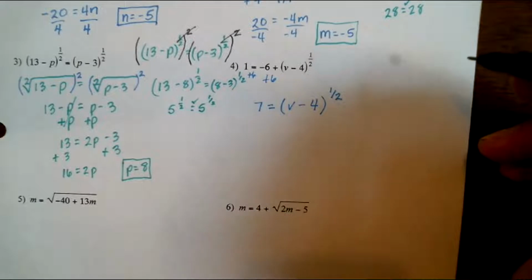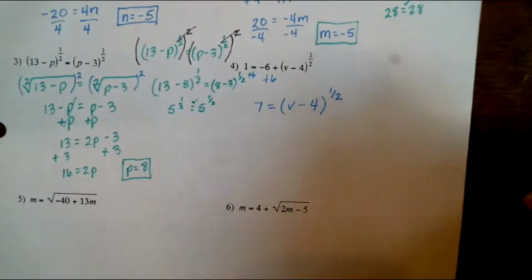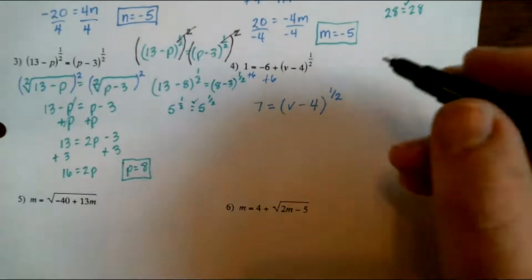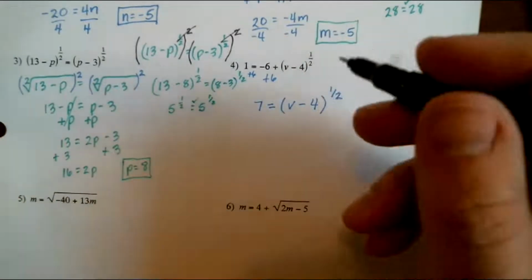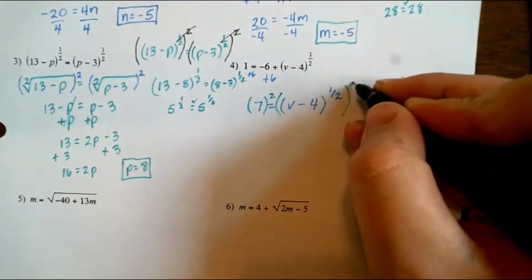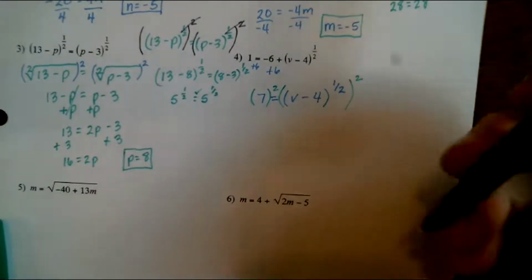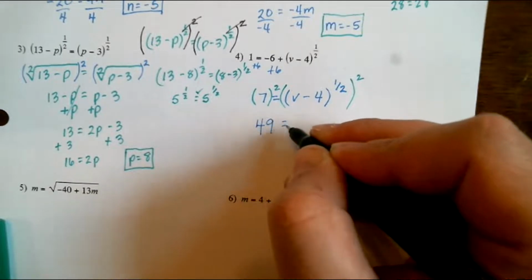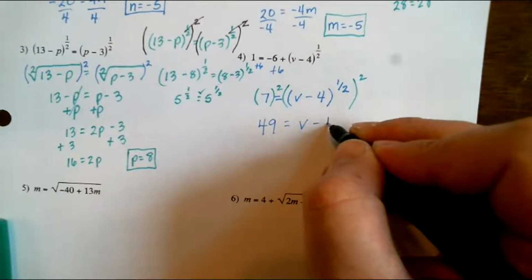How about Elizabeth? What would I do from here? Square both sides. Very good. So I'm going to square both sides. And then that would take me to 49 is equal to v minus 4.